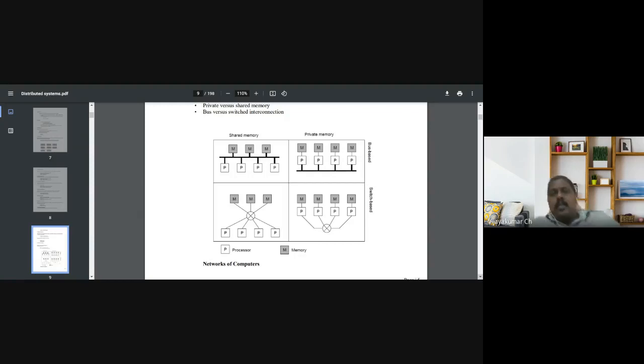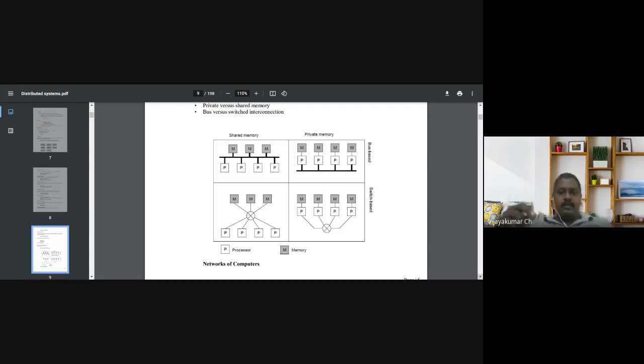Here in shared memory, all four processors share the same memory. This is the difference. In the bus based system, all the multiprocessors share the same memory in a shared memory, while using a private memory, every processor contains its individual memory.